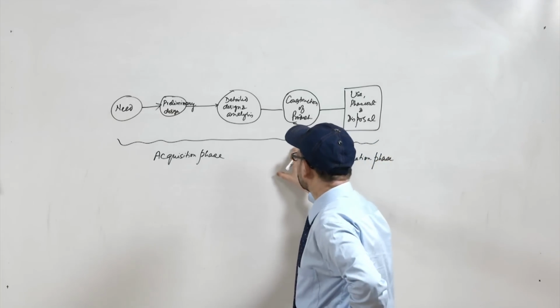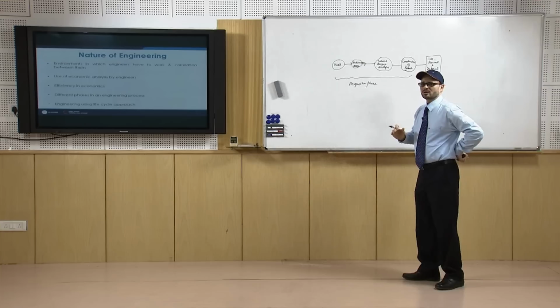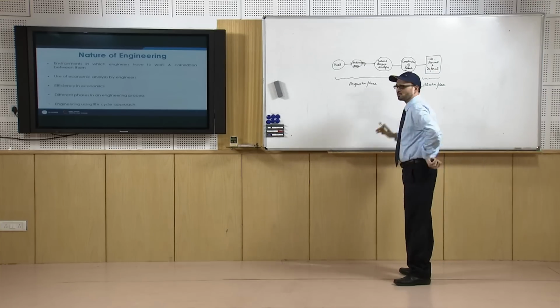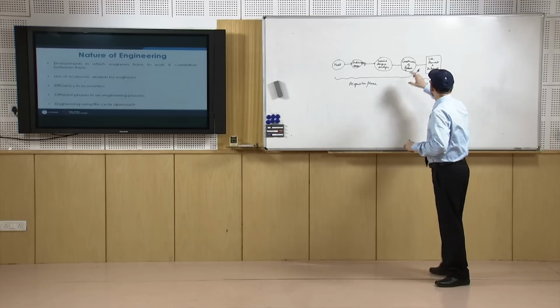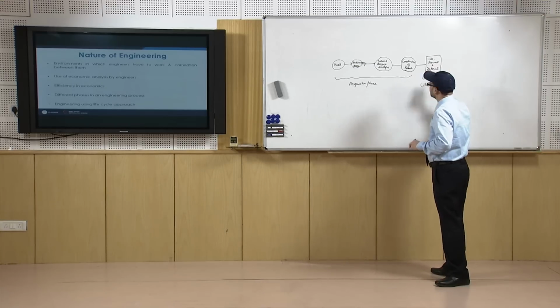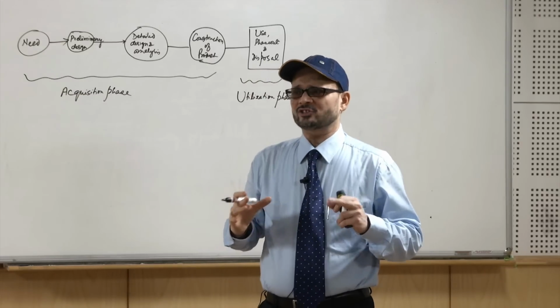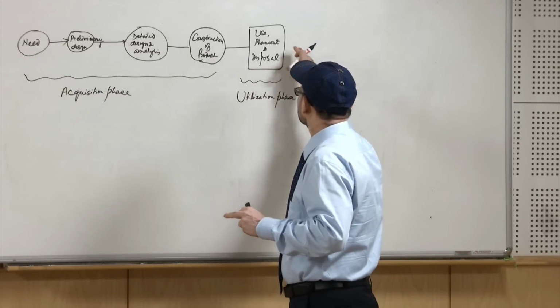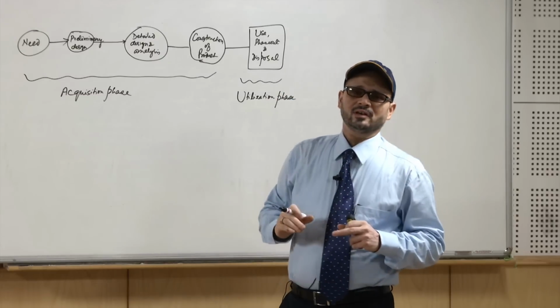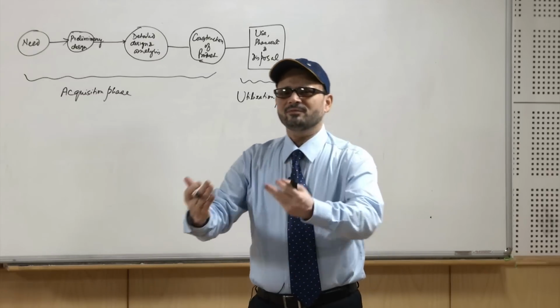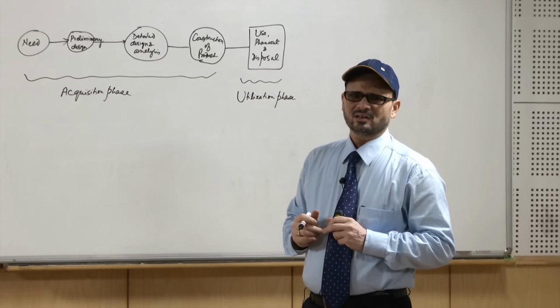So, during this process the product acquisition has taken place, the product has come into the market. Once it has gone into the market, it will be used depending upon its market surveys, the feedback by the customers.